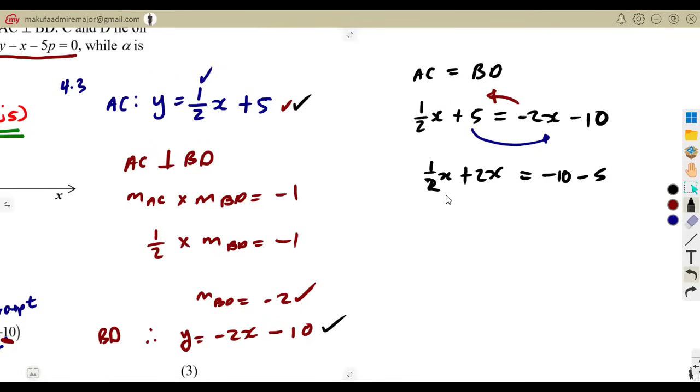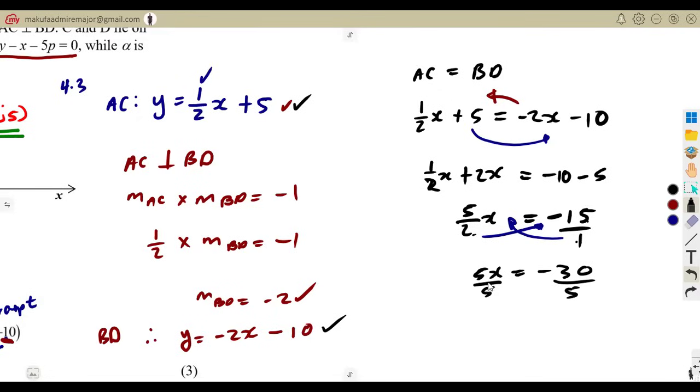If you add this, you're going to get 5 over 2 x, so 5 over 2 x is equal to -15, which is the same as over 1. So you can easily cross multiply. 1 times 5x, that's 5x is equal to 2 times -15, which is -30. So divide by 5, x was going to be -6.